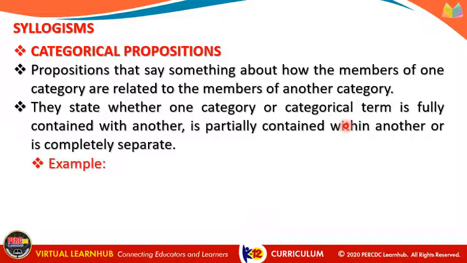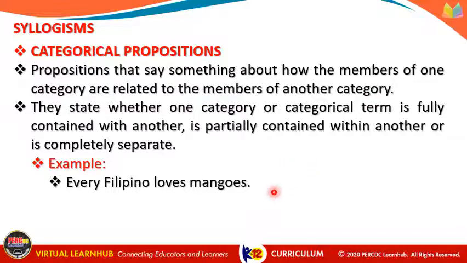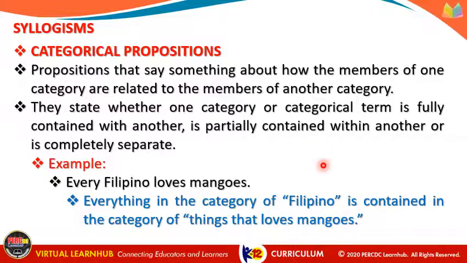Let's say you have this one. Every Filipino loves mangoes. Now, we have two categories here, Filipino and those that love mangoes. Now, what does this proposition mean? This proposition says that everything in the category of Filipino is contained in the category of things that love mangoes.